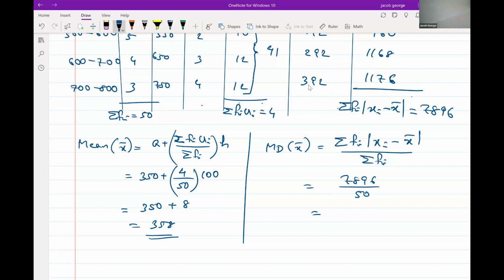Yes, what will be the value? Correct answer. 157.92. How many of you got this? 157.92. Yes. 5-marker question.